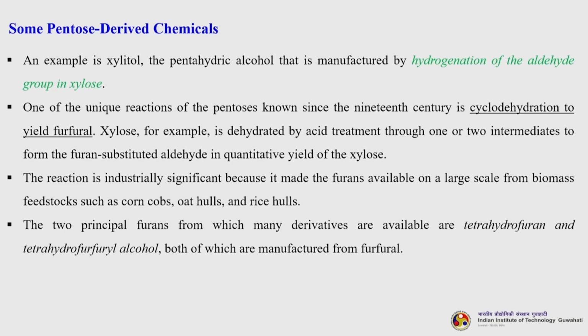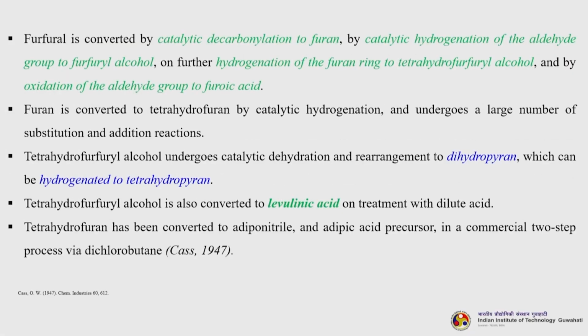Now, the two principal furans from which many derivatives are available are tetrahydrofuran and tetrahydrofurfuryl alcohol, both of which are manufactured from furfural. Furfural is converted by catalytic decarbonylation to furan, by catalytic hydrogenation of the aldehyde group to furfuryl alcohol, on further hydrogenation of the furan ring to tetrahydrofurfuryl alcohol, and by oxidation of the aldehyde group to furoic acid.